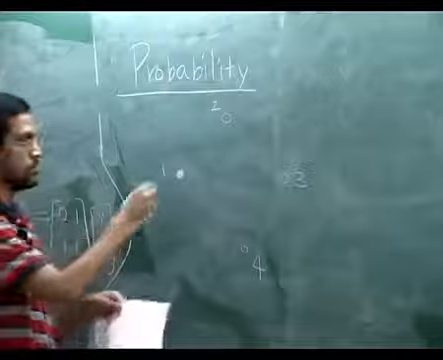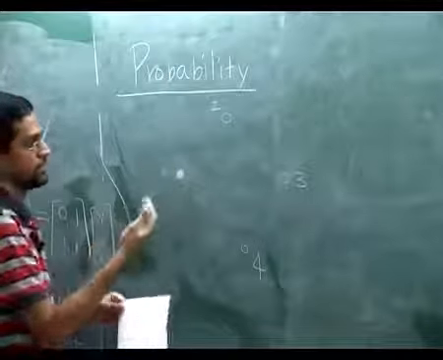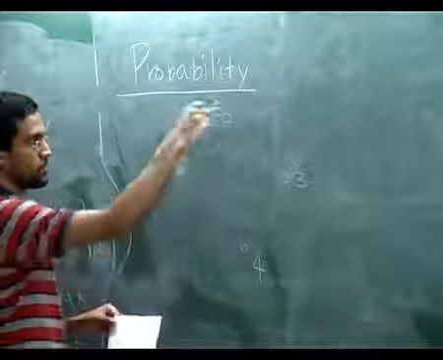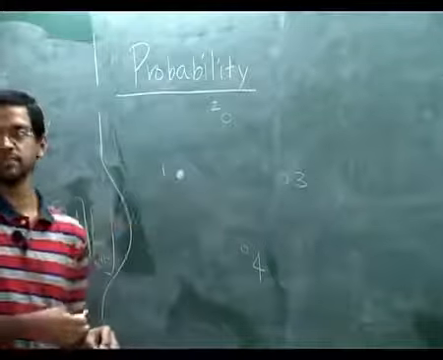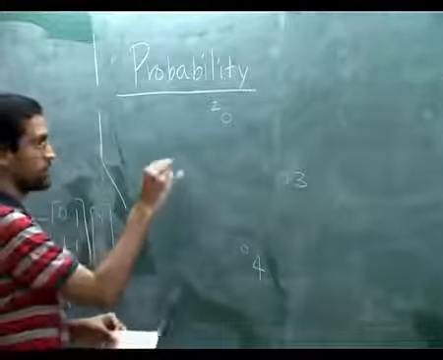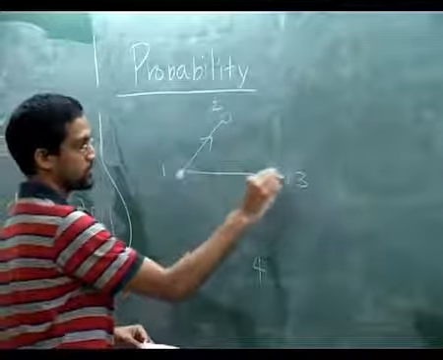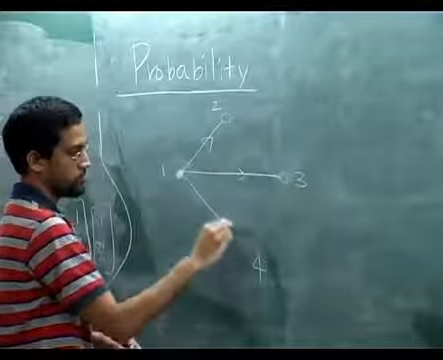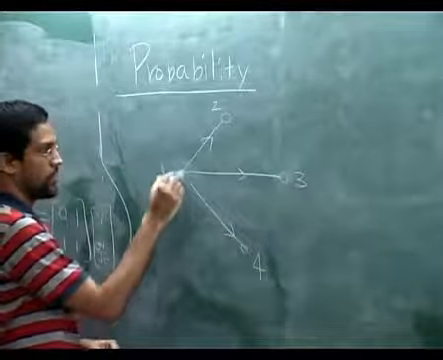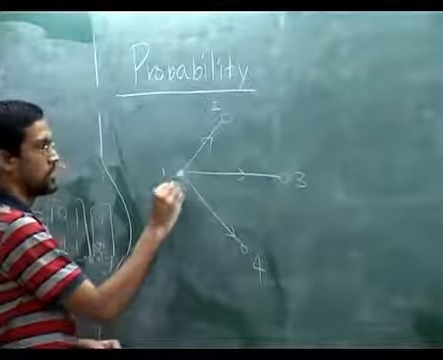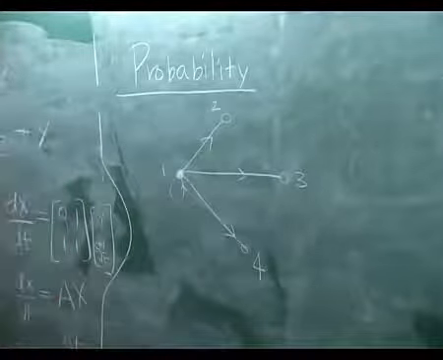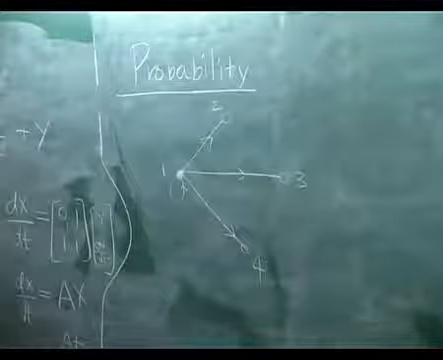At every point of time it jumps to one of the vertices, so it can go from 1 to 2, to 3, or to 4, or it can just remain at 1 itself. There are 4 choices at every given time.